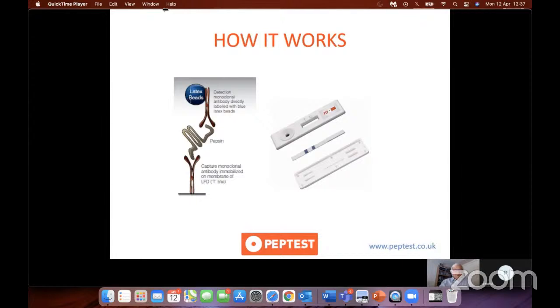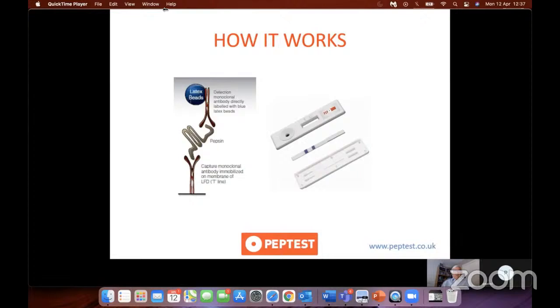So how does it work? There's 2 monoclonal antibodies, as I previously said. One is used to detect the pepsin in the clinical sample, which is then, using a migration fluid, transferred to the test line of the lateral flow device, where there's a second antibody called the capture monoclonal antibody. So it's detected by one and captured by a second, very, very specific human pepsin antibody.